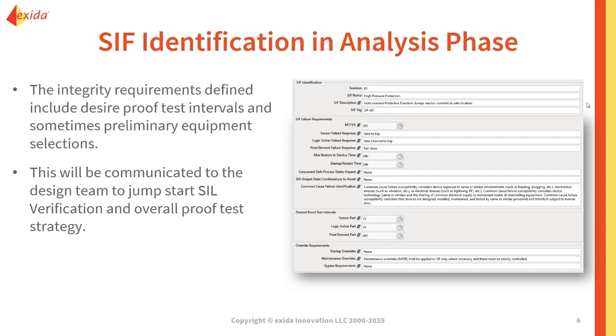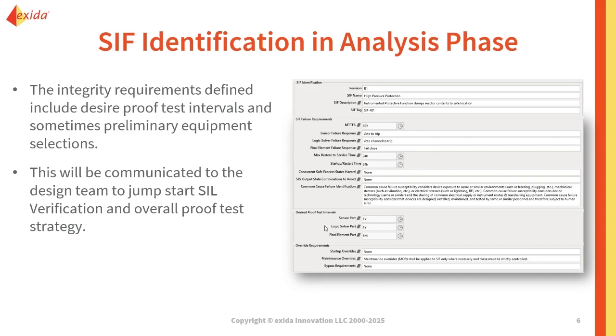So here in the screenshot, you can see desired proof test intervals for the sensor part, logic solver part, and final element part. And this is communicating to the design team how often we would expect to have to go out and test these devices on site. Here you can see for the sensor and logic solver, we're assuming an annual test is done, but for final element, every 6 months we would be testing those devices.